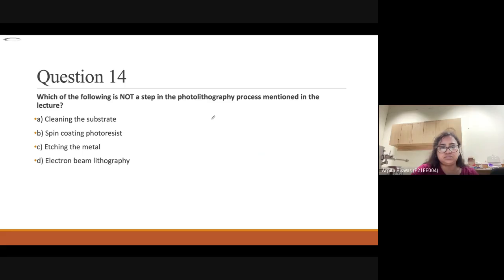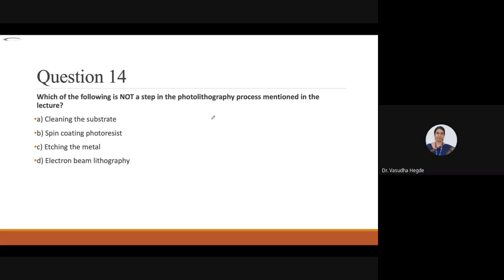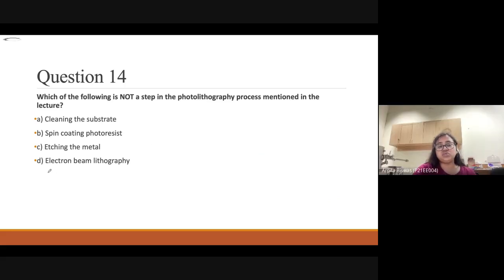So A is the answer. Actually, please go carefully through the question. Which of the following is not a step in the photolithography process mentioned in the lecture? In the lecture, which is not mentioned? Electron beam lithography is not discussed in the lecture, and it is also not part of photolithography.